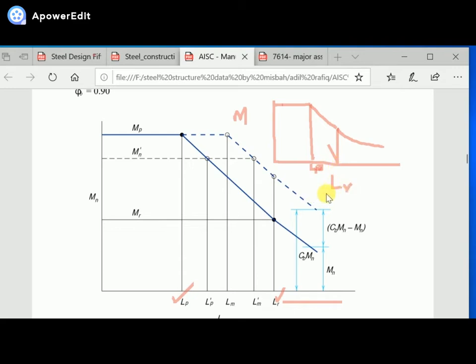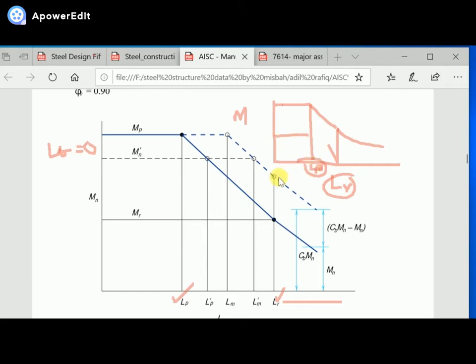We start with LB equal to 0. We will find LP, we have a formula for this. We will find LR, we have a formula for this. Remember, if LB is less than LP, the strength of the beam will be in this zone.